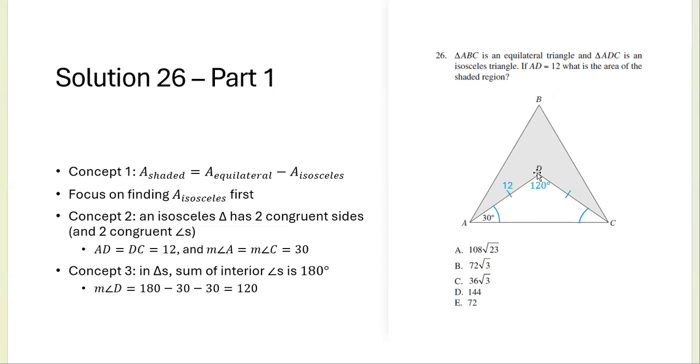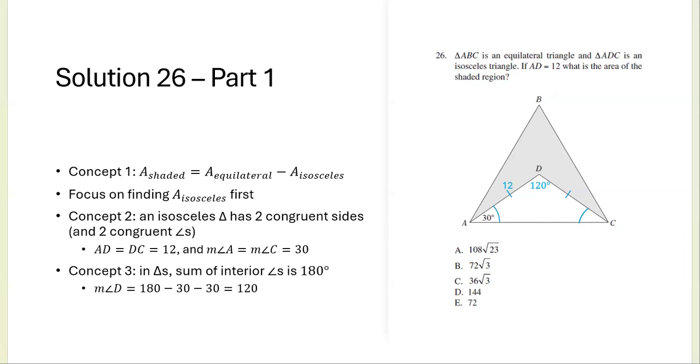And AD is 12, so DC is also equal to 12. Okay? So we can easily find this angle because, once again, sum of the interior angles of a triangle is 180. So 180 minus 30 minus 30. So this angle, angle D, is 120. Okay, there's 3 concepts already.